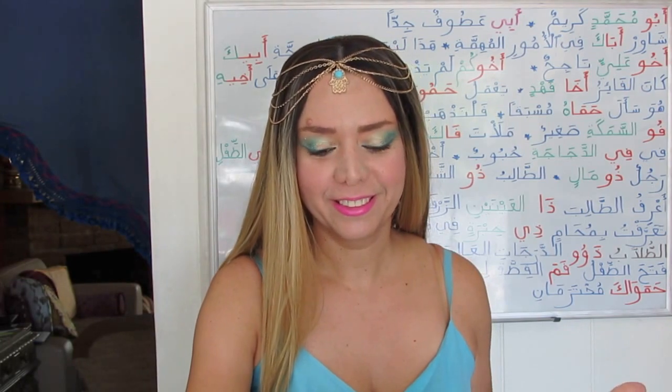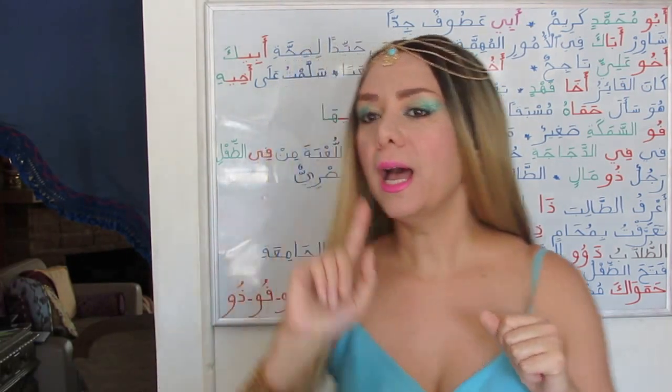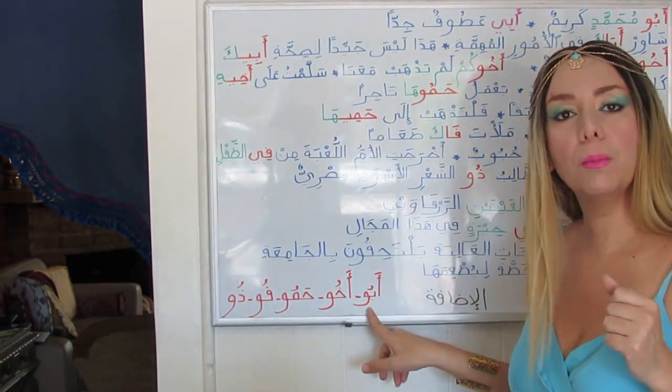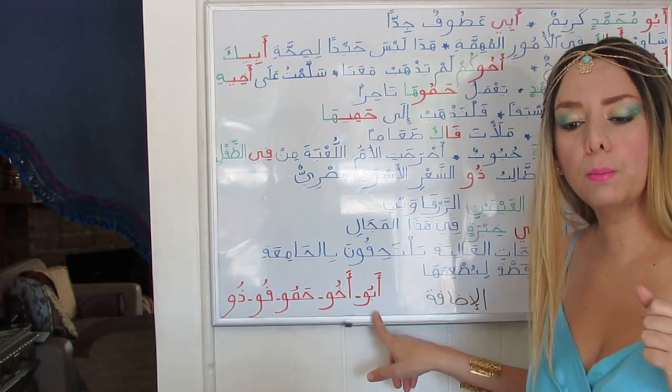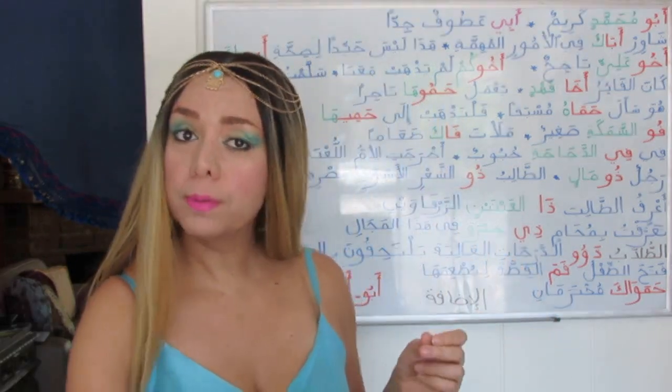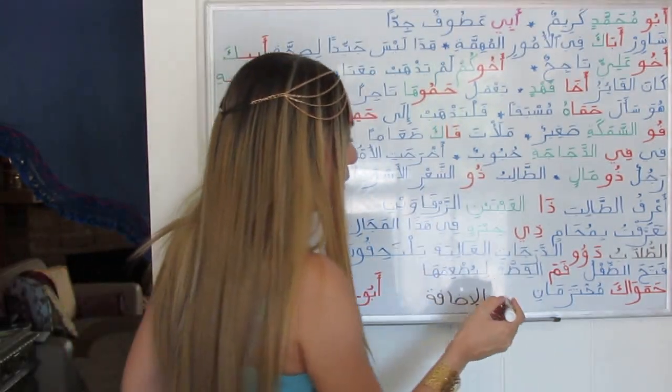Okay? So, Abu, our first noun, Abu. Abu is the construct state of ab. Ab means father.